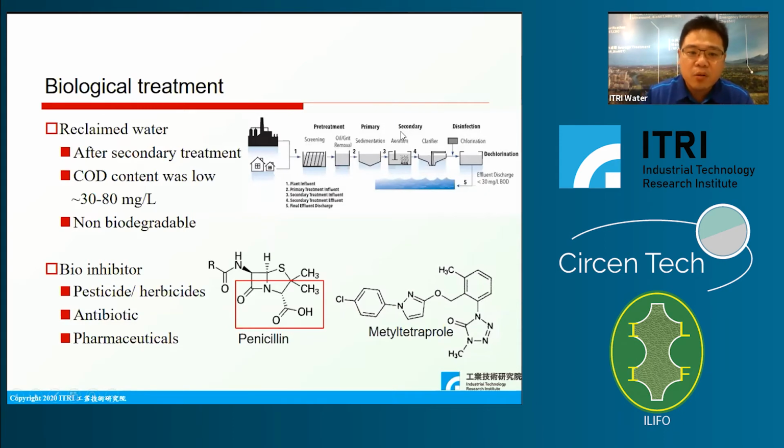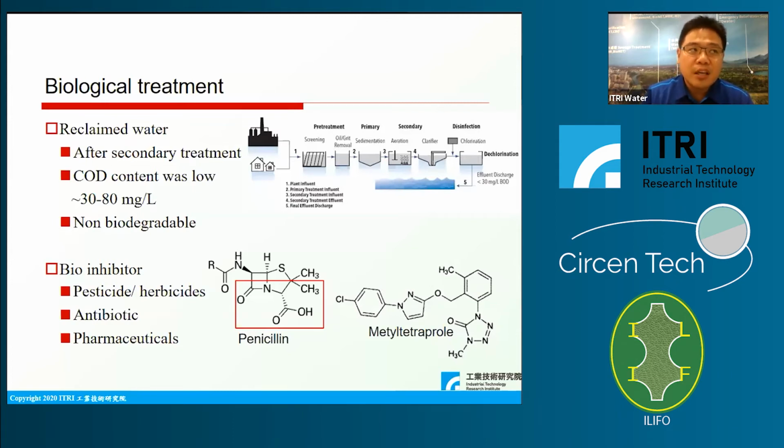The COD content is low, around 30 to 80 ppm, but the released COD is non-biodegradable. And if you want to use a biological treatment to treat the bioinhibitors, like pesticides, herbicides, antibiotic or pharmaceutical wastewaters, then things like penicillin or methylene terpene, even at low concentration, inhibit the biological treatment.